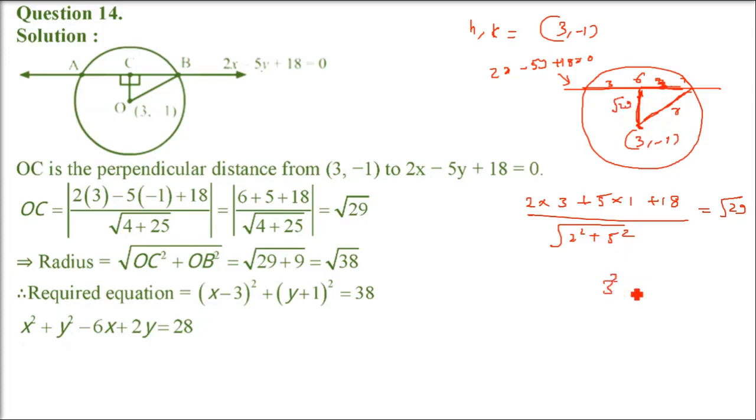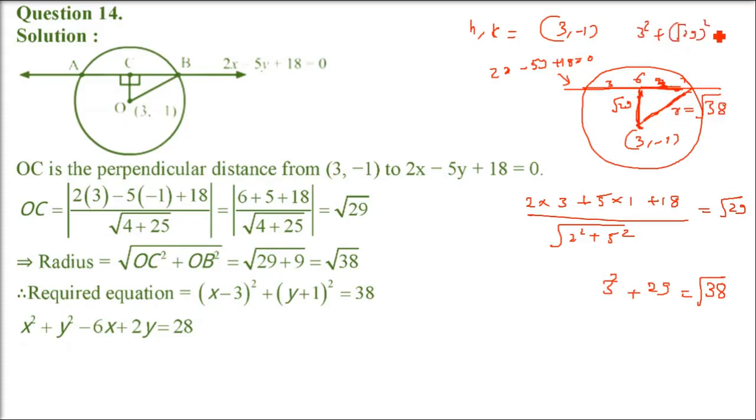So this is under root 29 and this is 3. So what will R square be? R square equals 3 square plus 29, which is 38. So R square is 38, and the radius is under root 38.